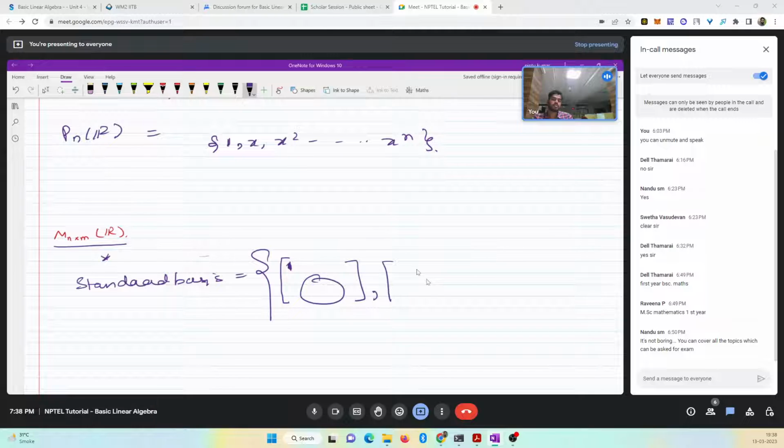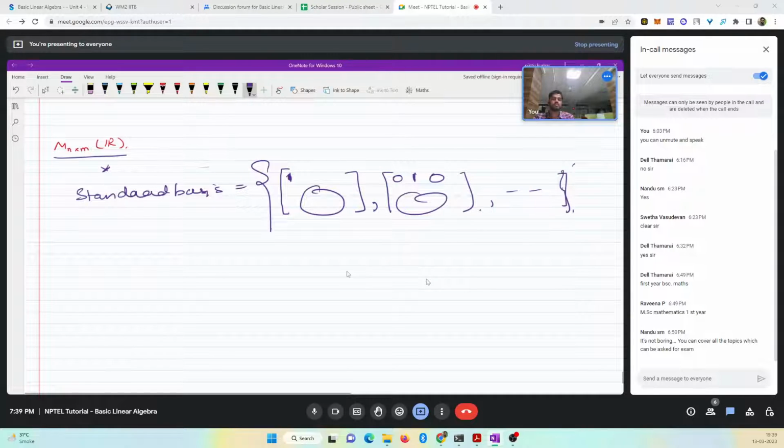In the second matrix, you have 0 here, 1 here, and 0 again everywhere else, and so on, until you have matrices with 1 at every position in turn and 0 everywhere else. This will form a standard basis for Mn cross m. And how many elements will there be? There would be n cross m elements.